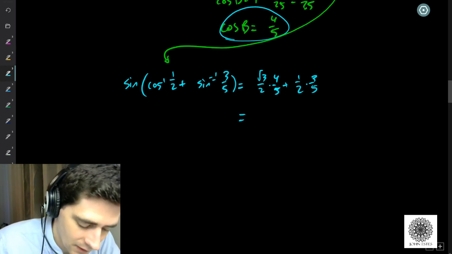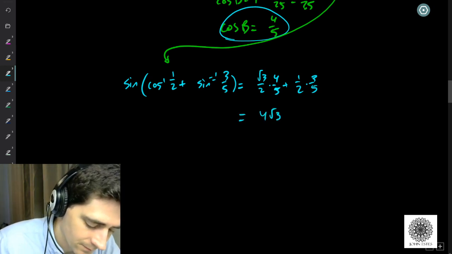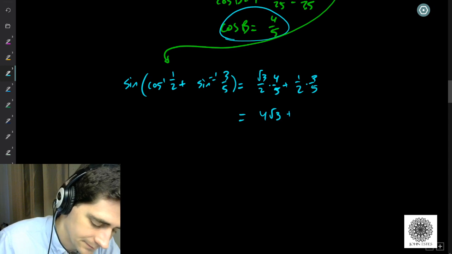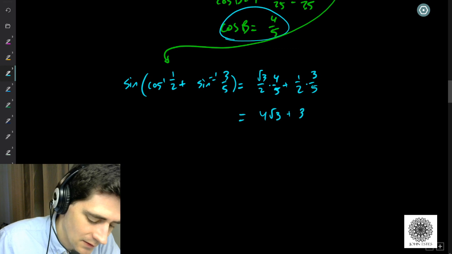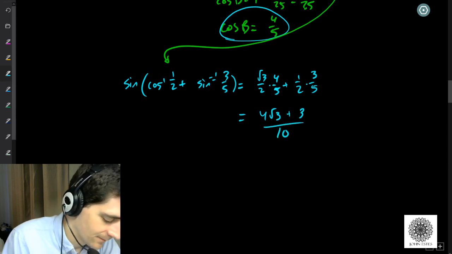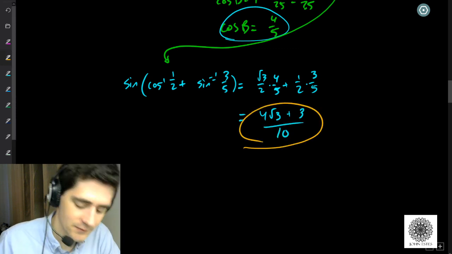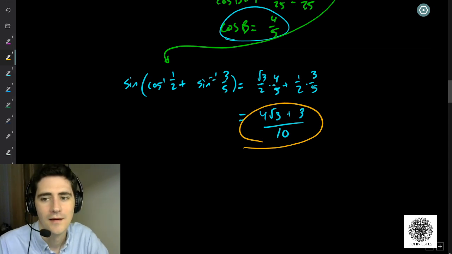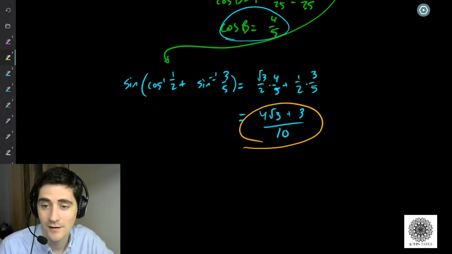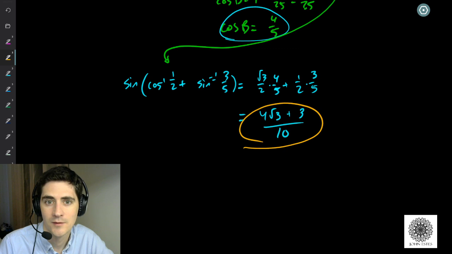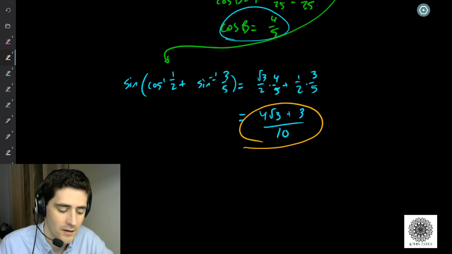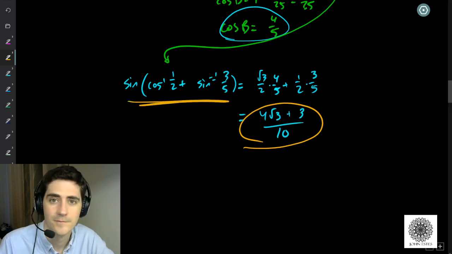And so notice you get 4 square root of 3 plus 3, all over 10. And there's my solution. There's my angle. And that is not a number you would have guessed, right? It may not even be a number you recognize, but it is an exact number. It's the exact value of this expression here.